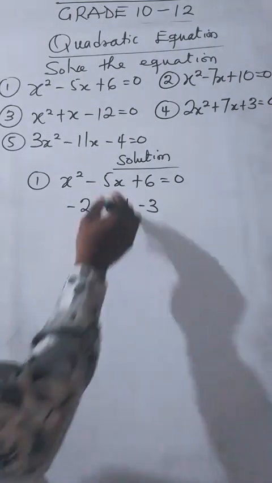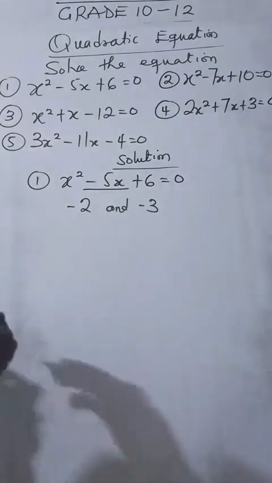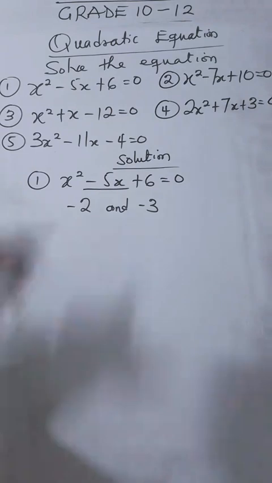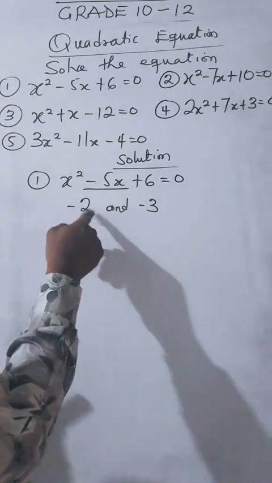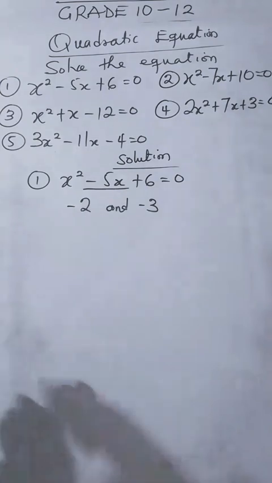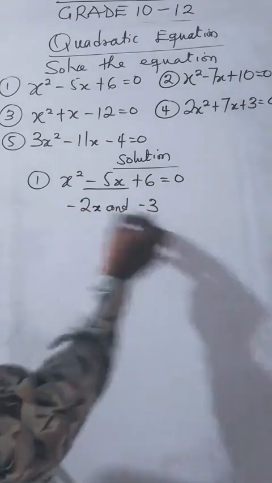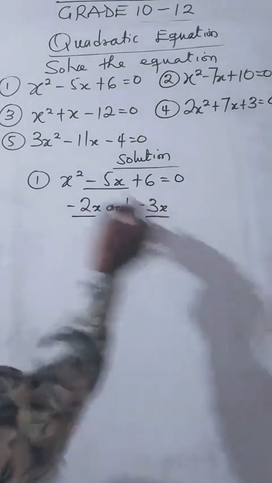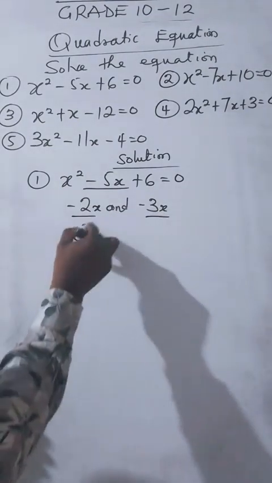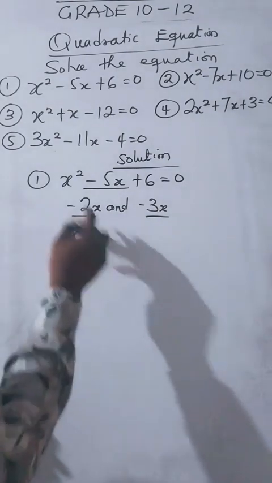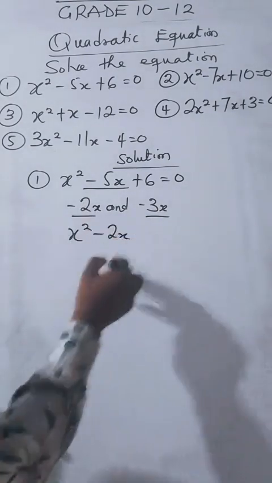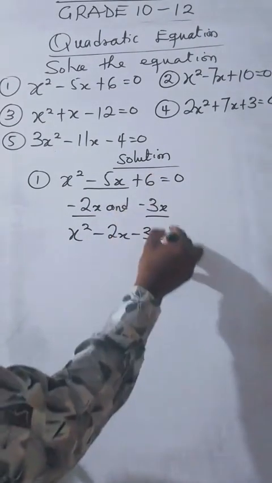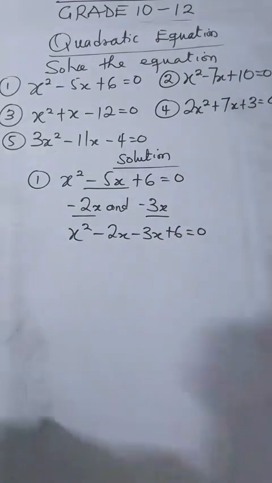So here we eradicate the 5x term and replace it with the factors of the quadratic equation by attaching x to them. So we have x squared minus 2x minus 3x plus 6 equals 0.